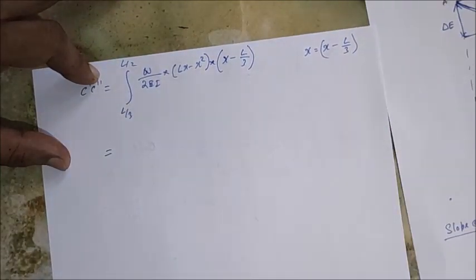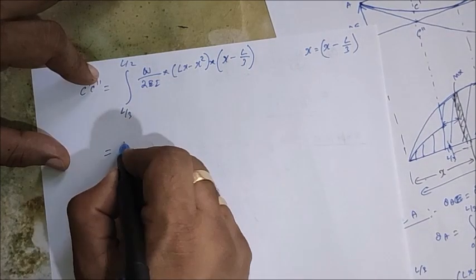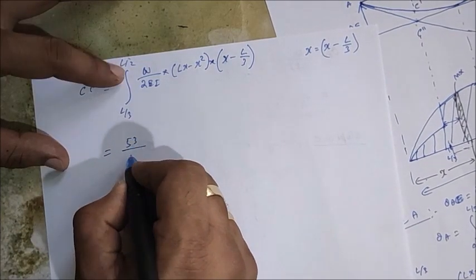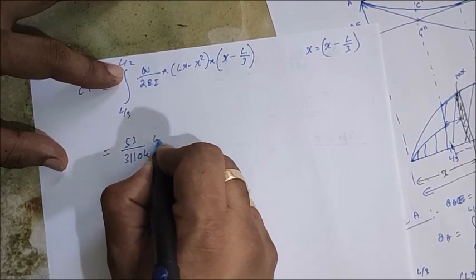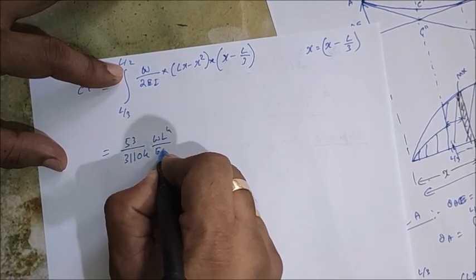If you solve it, you will get 53 by 31104 W L to the power 4 by EI.